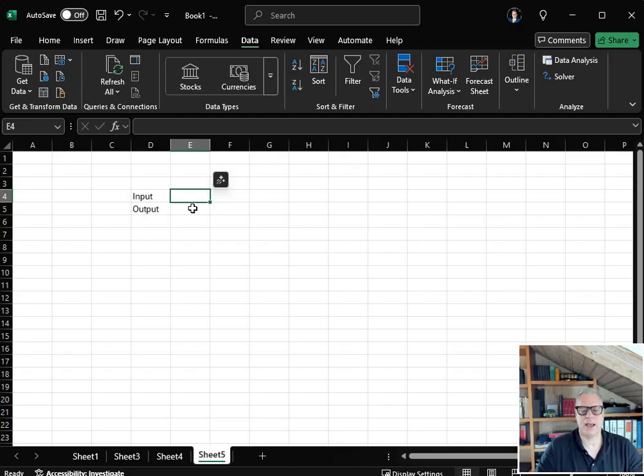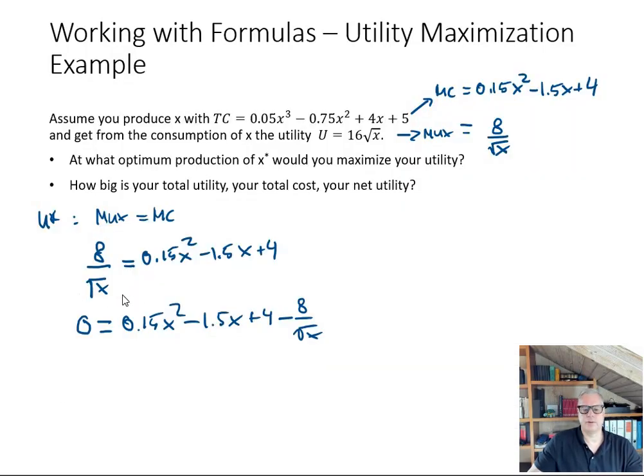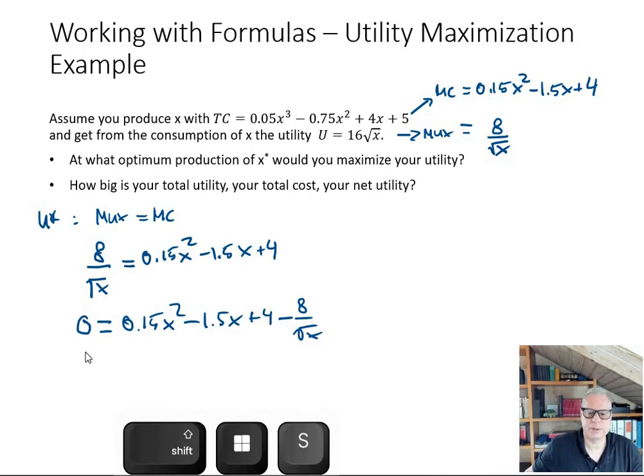So let's say our x is equal to 1. I'll just enter here quickly 1. And our formula, okay, so I have this equation here. Let me actually quickly see if I can snip that out.